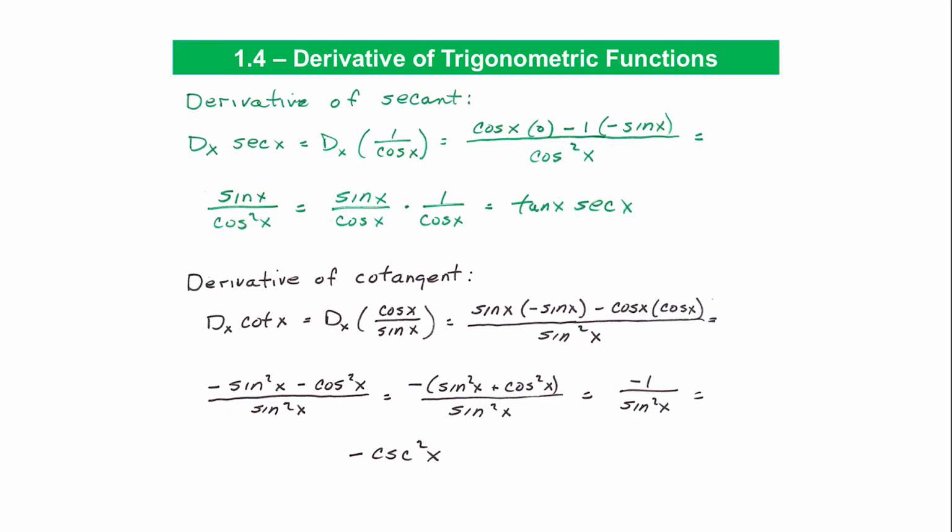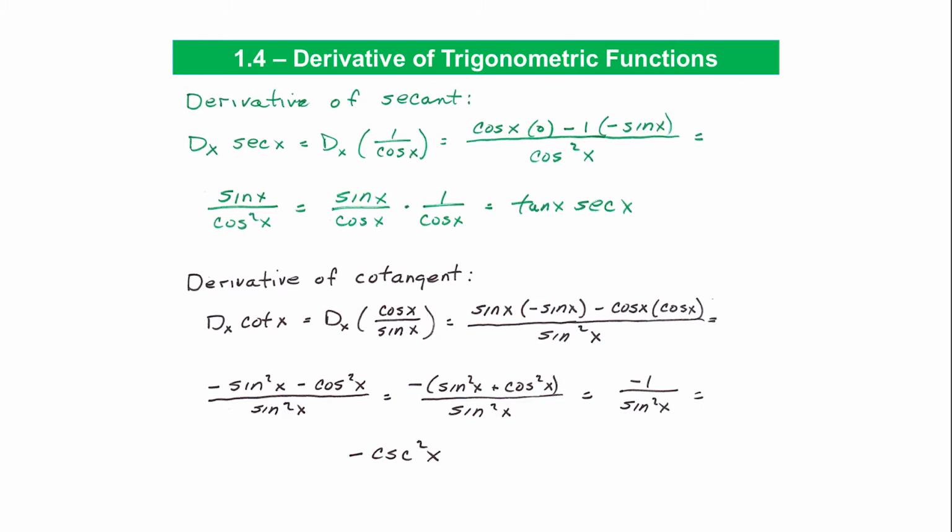So the derivative of secant x equals the derivative of 1 over cos x, which is equal to cos x multiplied by 0 minus 1 multiplied by minus sin x, divided by cos square x, equal to sin x divided by cos square x, equal to sin x divided by cos x multiplied by 1 over cos x, which is all equal to tan x multiplied by sec x.